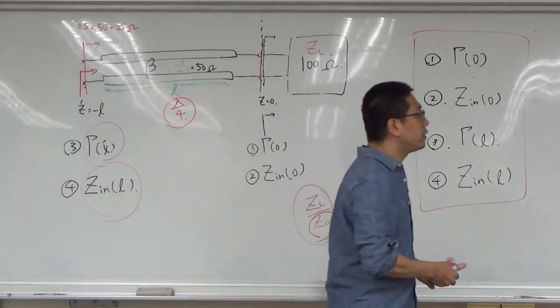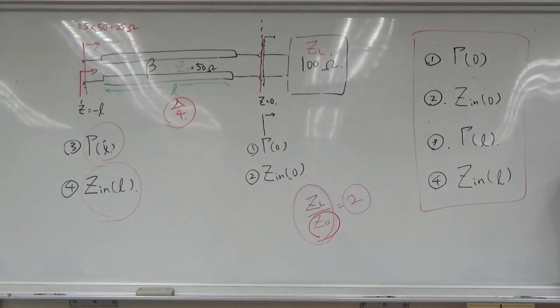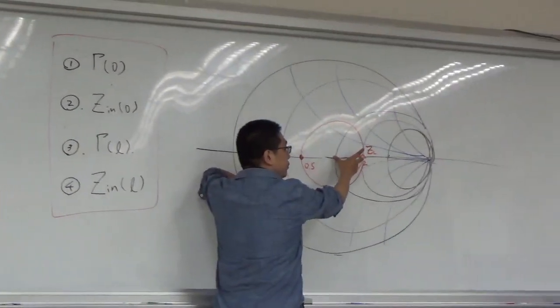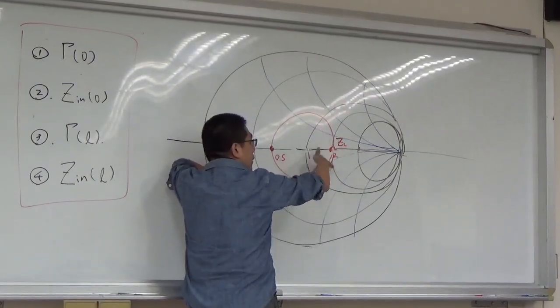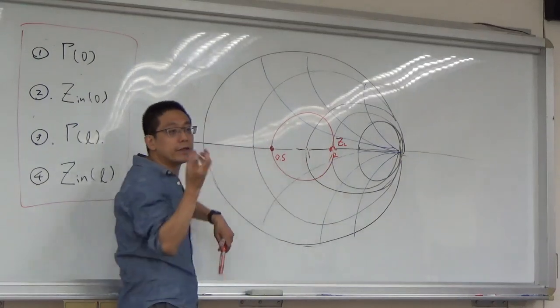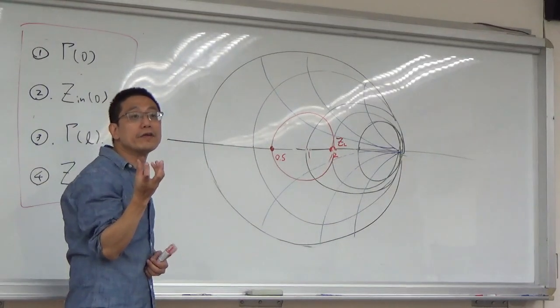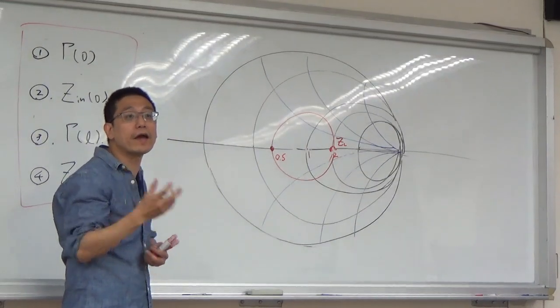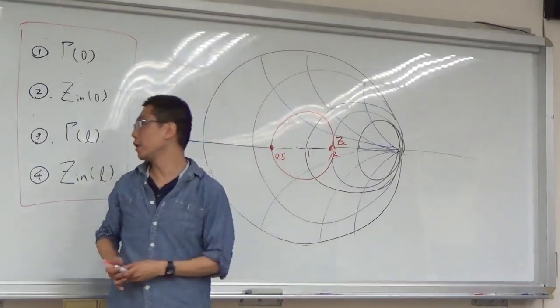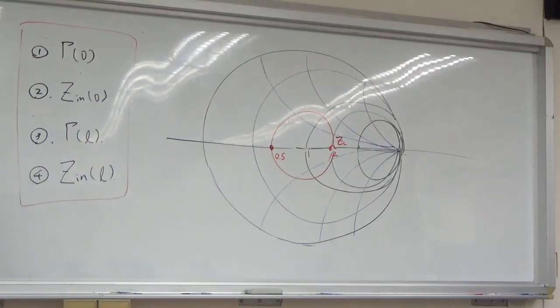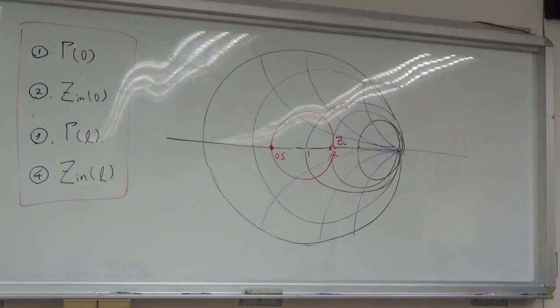Actually, the absolute value, the radius of this circle, the value of the radius, is the reflection coefficient. We get the absolute value. You can obtain these two simply, directly from your Smith chart. That's why it is important.